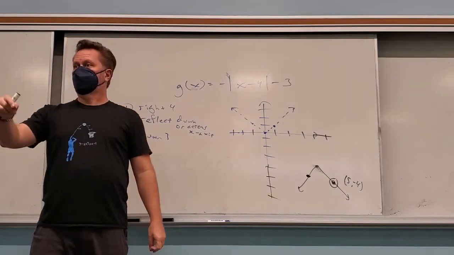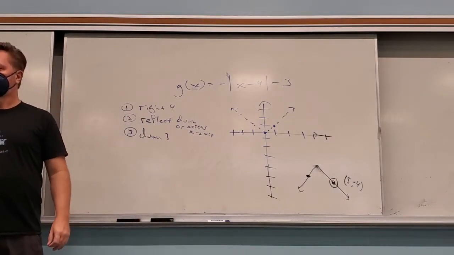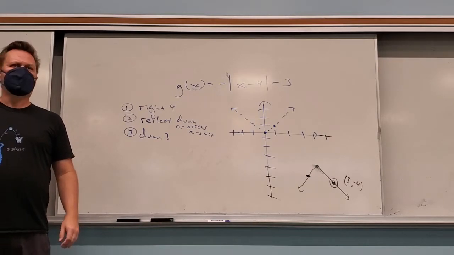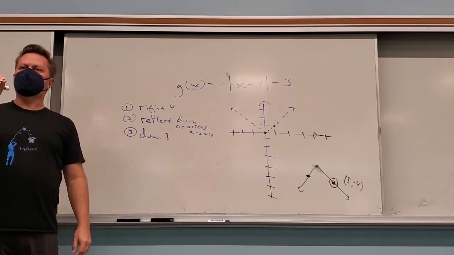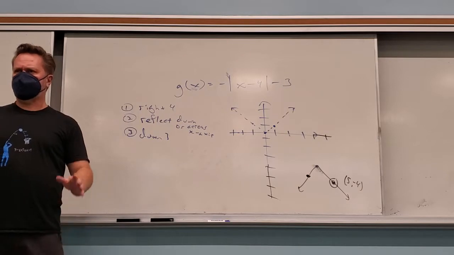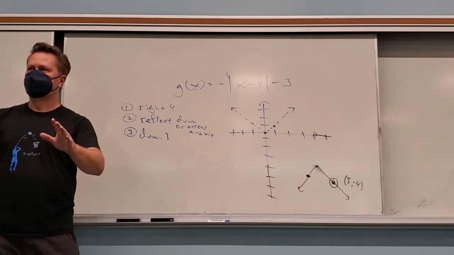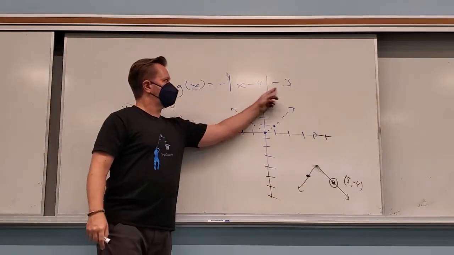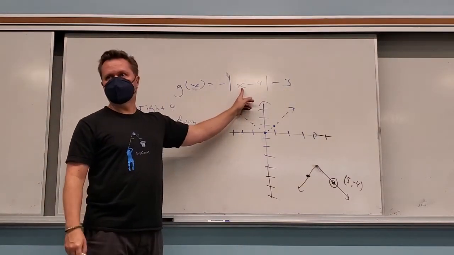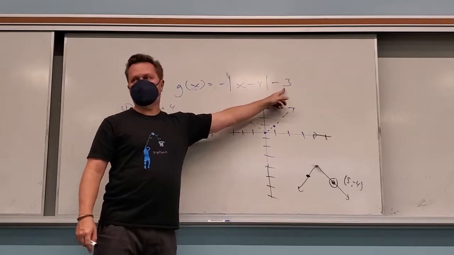When you're doing your list of 3, does it matter what order? What's the only one of those in this problem that actually matters, that we have to do last? Order of operations. What would you do last here if I plugged a number in? Down 3. Yes, that has to be last.